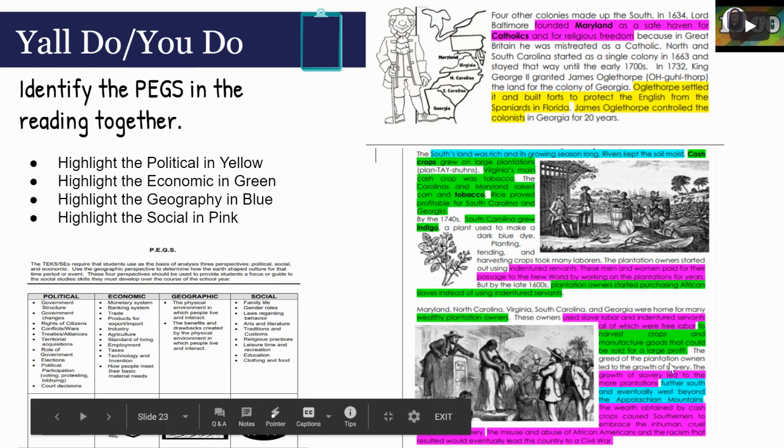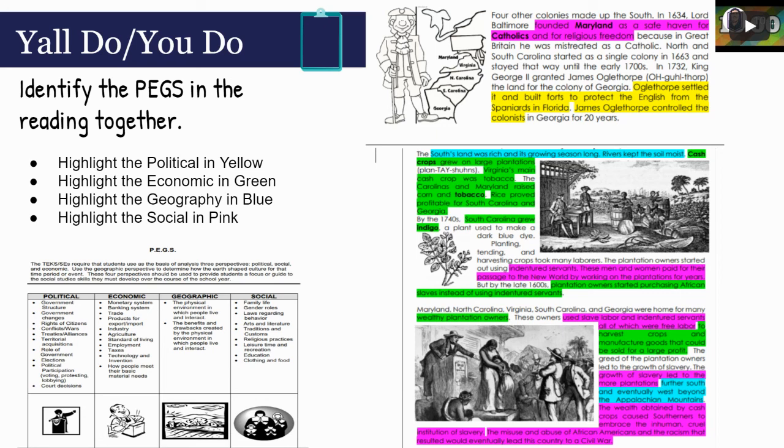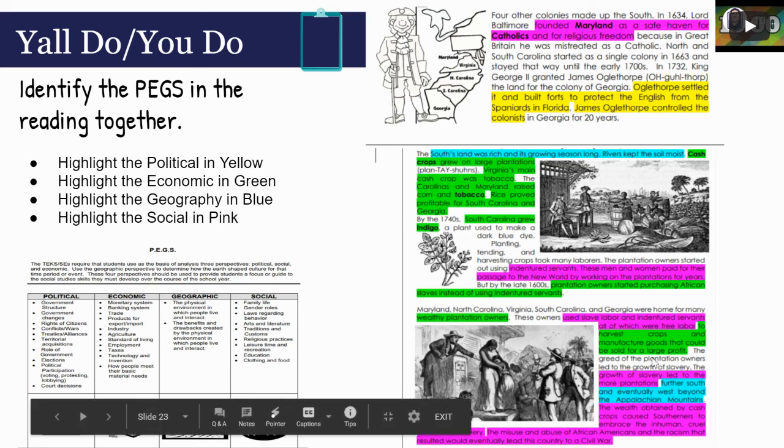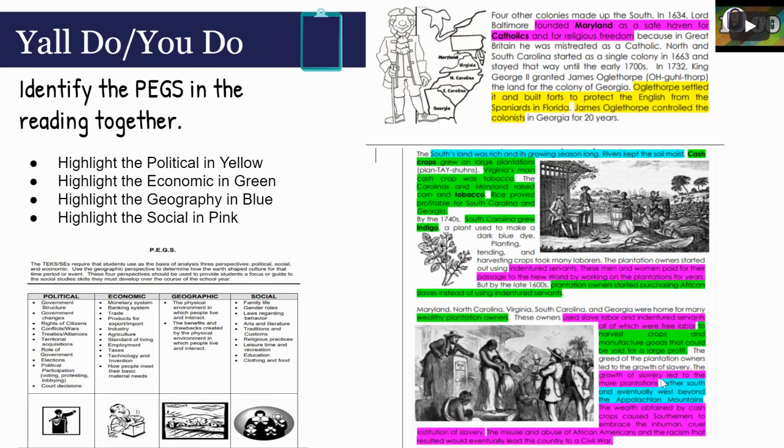One of our TEACs specifically addresses this: because the geography allowed for large scale planting and cash crops, it led to the need for lots of labor. Lots of labor led to the need of having slaves. And so the plantation system develops a need and the growth of slavery in Southern America.